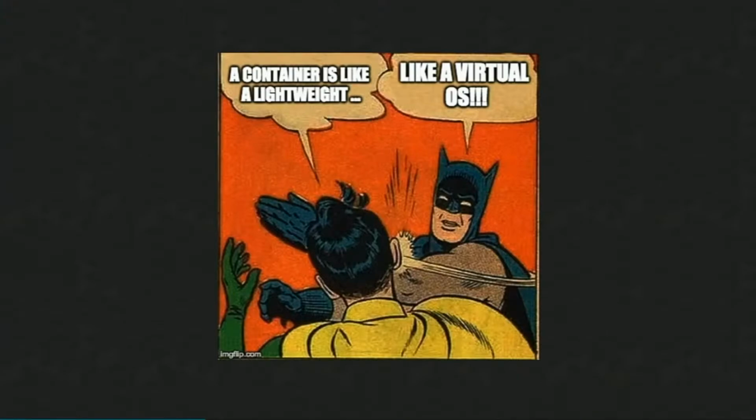VMs partition physical computing resources. They have to create virtual hardware. They add an entire OS to the machine, and it gets its own dedicated slice of disk. A container, on the other hand, just partitions operating system resources instead of physical computing resources, and containers actually share the physical resources available on the host.